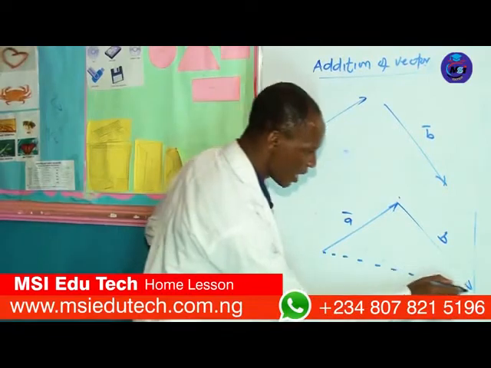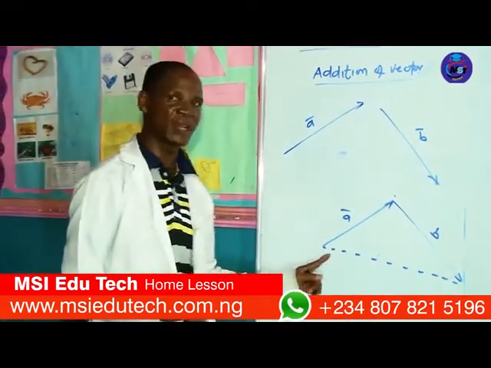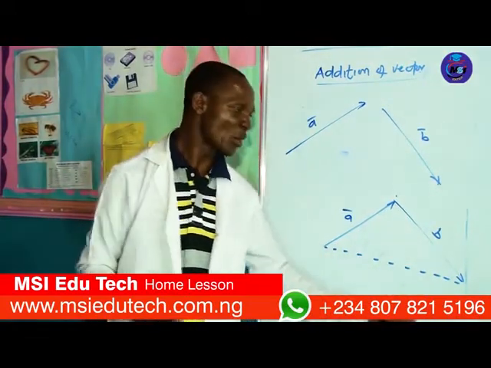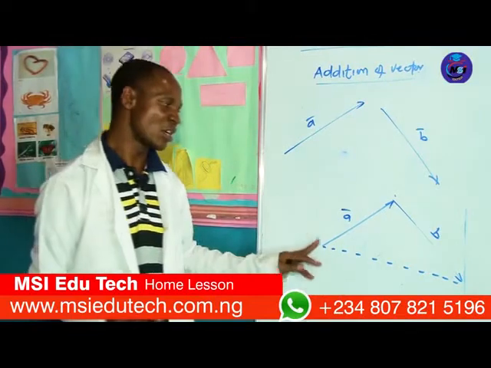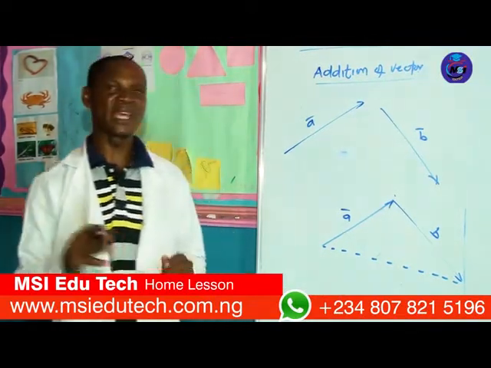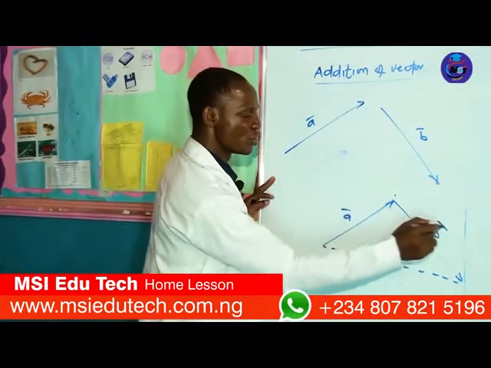That is our answer. The big question now is where should we put the head, and where should we put the tail? How do we get the head, since we are adding vector B to vector A?